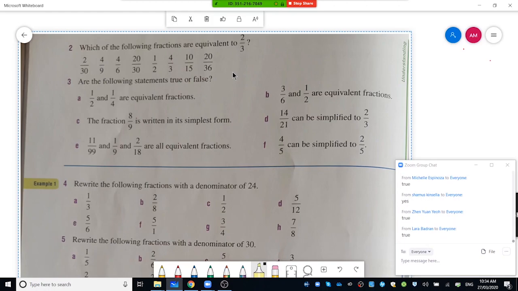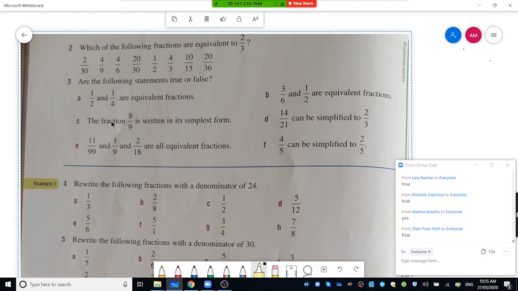Then we go to the D part. 14 over 21 can be simplified to 2 over 3. True or false? It's true because 7 is a common factor of 14 and 21, and 7 times 2 is 14, and 7 times 3 is 21. So you can do that.